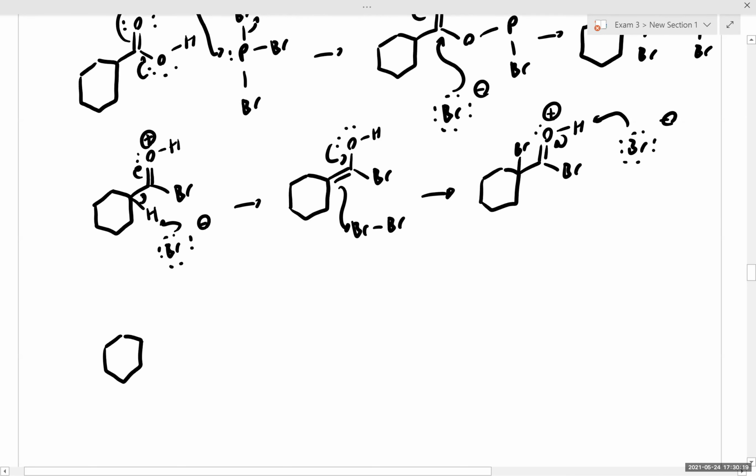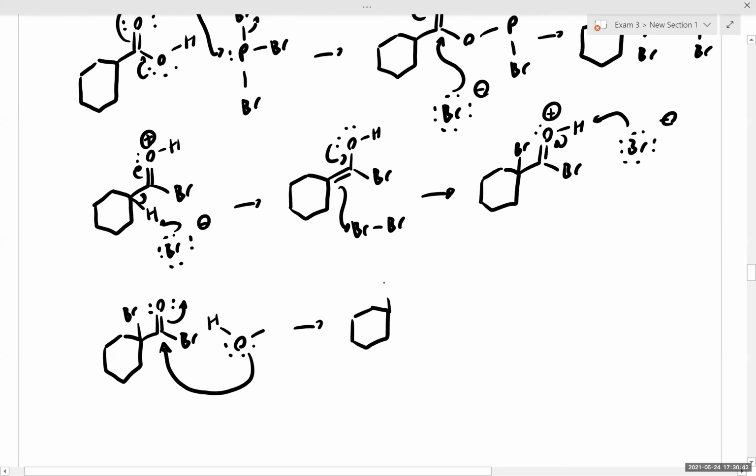From here now, as I mentioned in class, we can quench the acyl bromide with a range of nucleophiles to give a range of carboxylic acid derivatives. So if we quench with methanol, we're going to get a methyl ester, right? Methanol will attack our electrophilic carbonyl carbon.